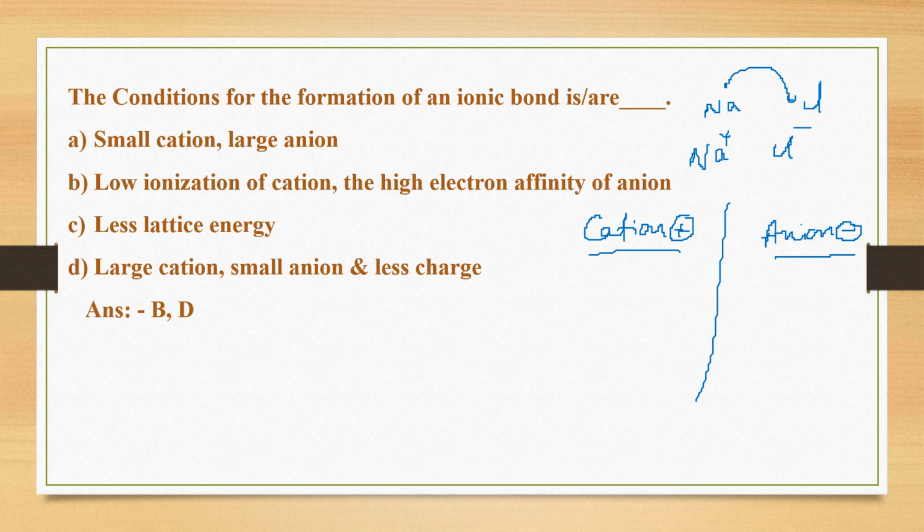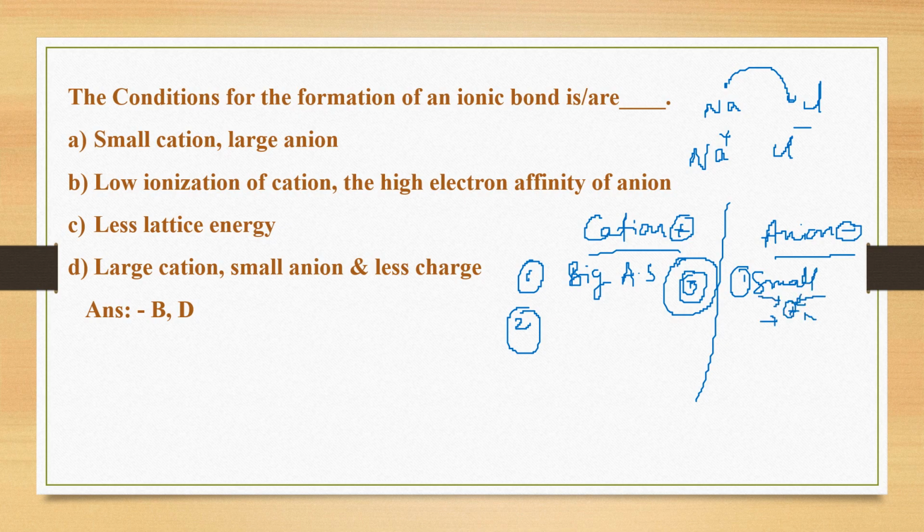So what are the favorable conditions for the formation of a cation? Big atomic size. If the size of the atom is very big, we can remove an electron easily. So big atomic size is a favorable condition for the formation of a cation. Next, small atomic size. Why small atomic size? Small atoms attract more, so small atomic size forms an anion easily.